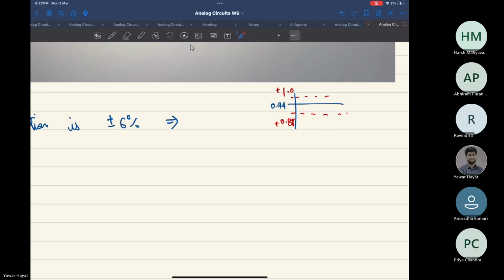Now, so now your A max would be the magnitude of 20 log of 0.88, and that is 1.11 dB.